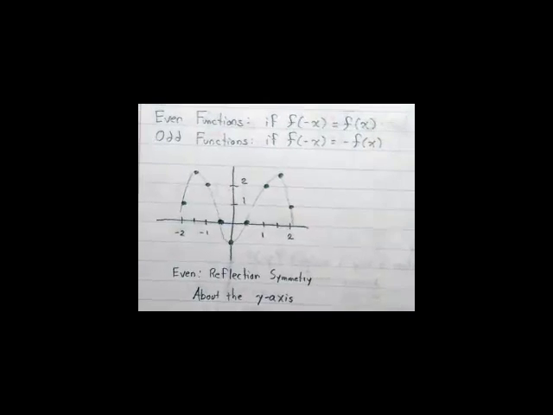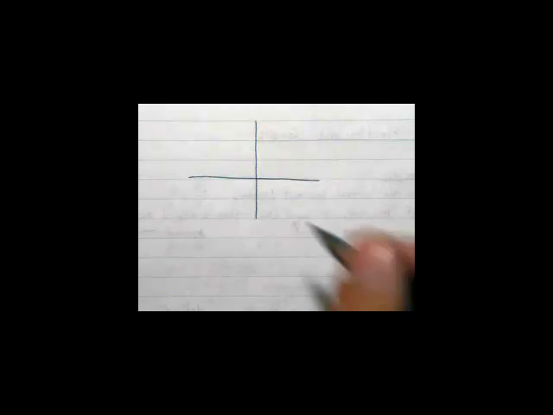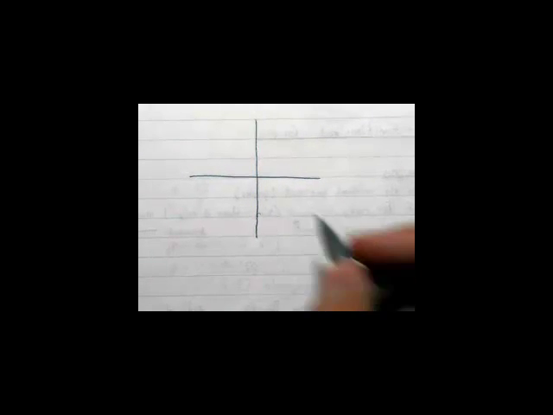All right, now odd, it's kind of the same game. I'll make this one a little bit bigger. So with f of negative x equals negative f of x, let's say at negative 1, I'm up at 2.